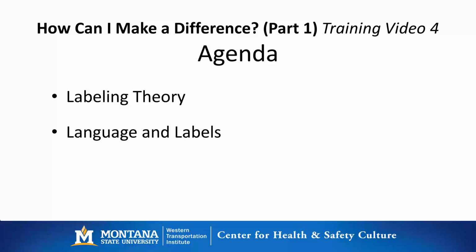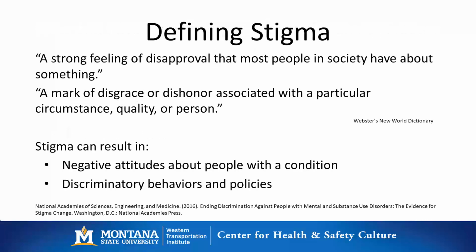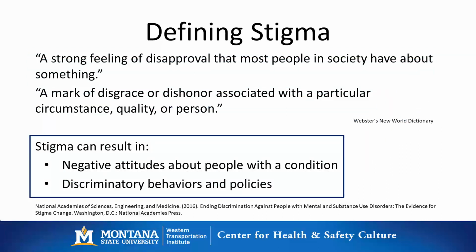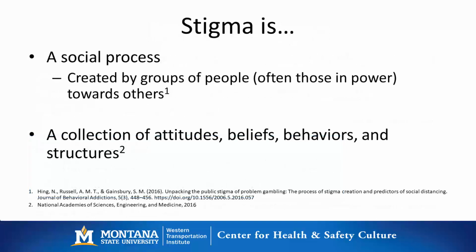We started this video series focused on defining stigma as a strong feeling of disapproval that most people in society have about something. We talked about how stigma can generate negative attitudes about people with a condition and how these negative attitudes can lead to discriminatory practices. We further defined stigma as a social process.